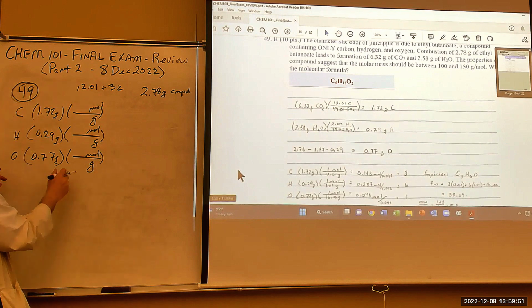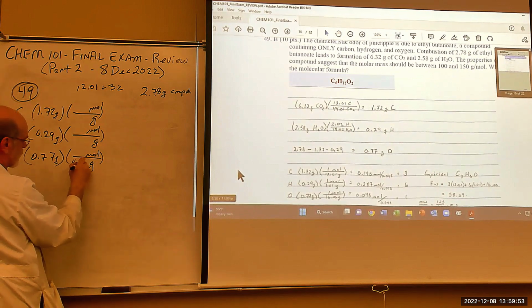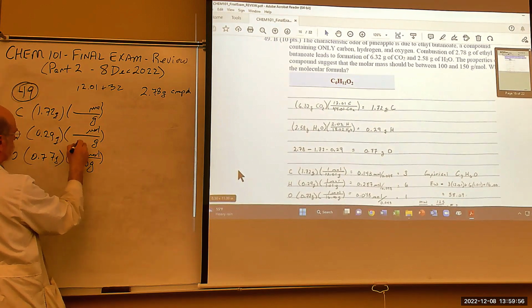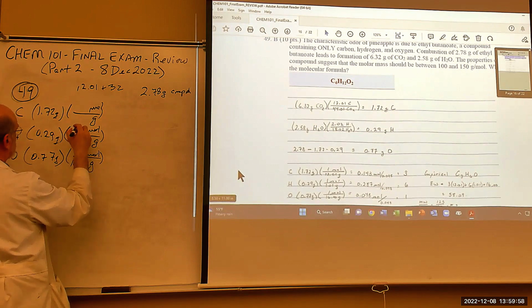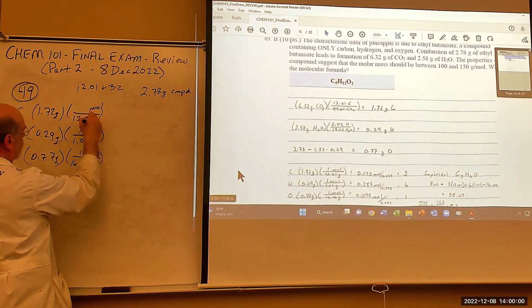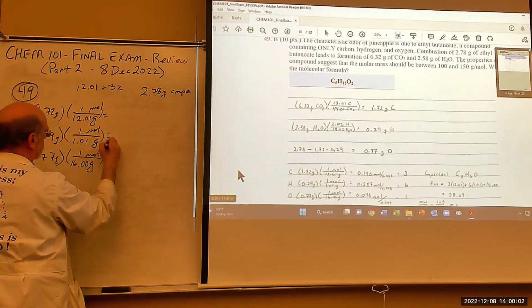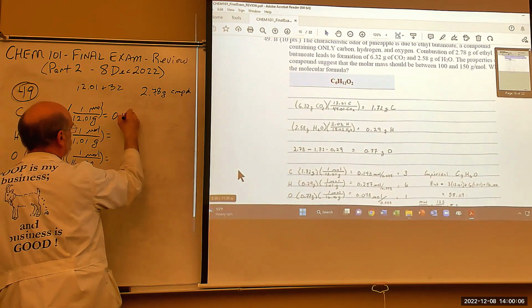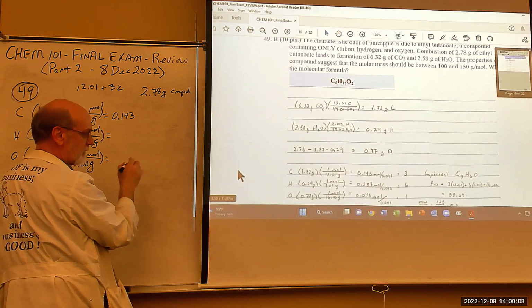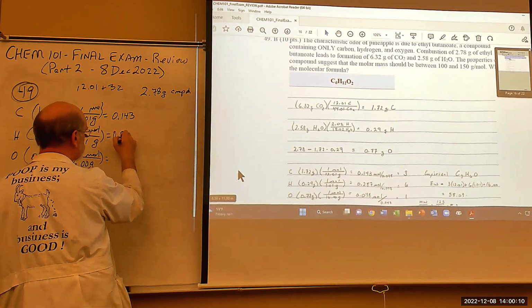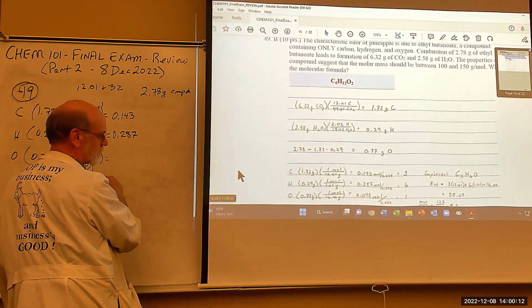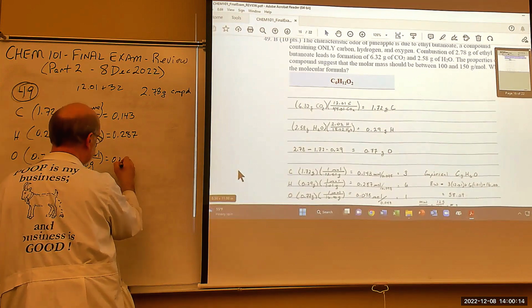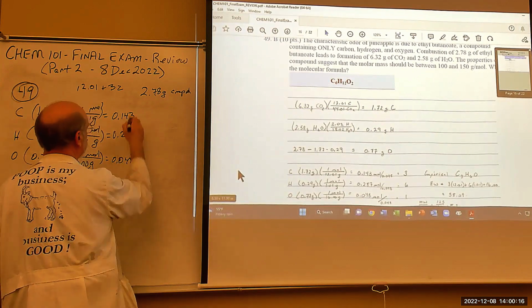All right, so oxygen is 16 grams per mole. Hydrogen is 1.01 grams per mole. Carbon is 12.01 grams per mole. All right, so we get 0.143 moles for that mass, 0.287 moles for that mass, and 0.048 moles for that mass.